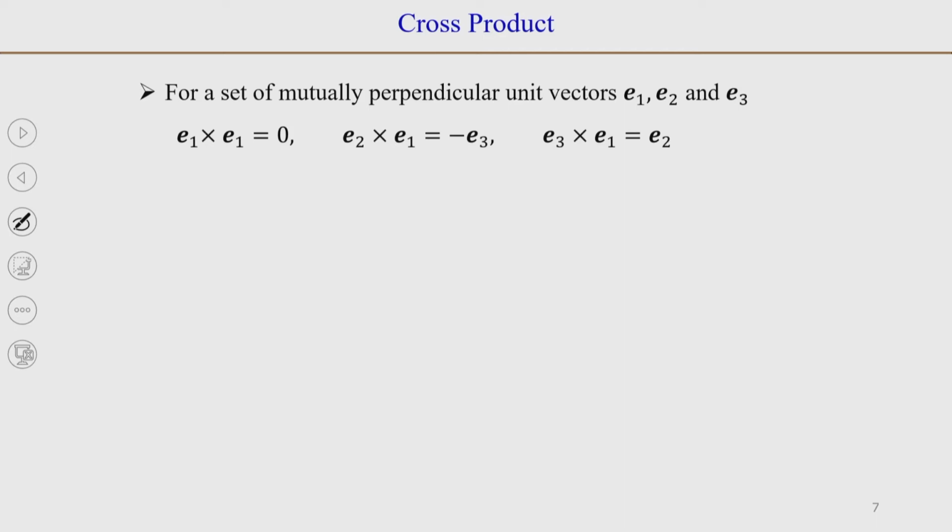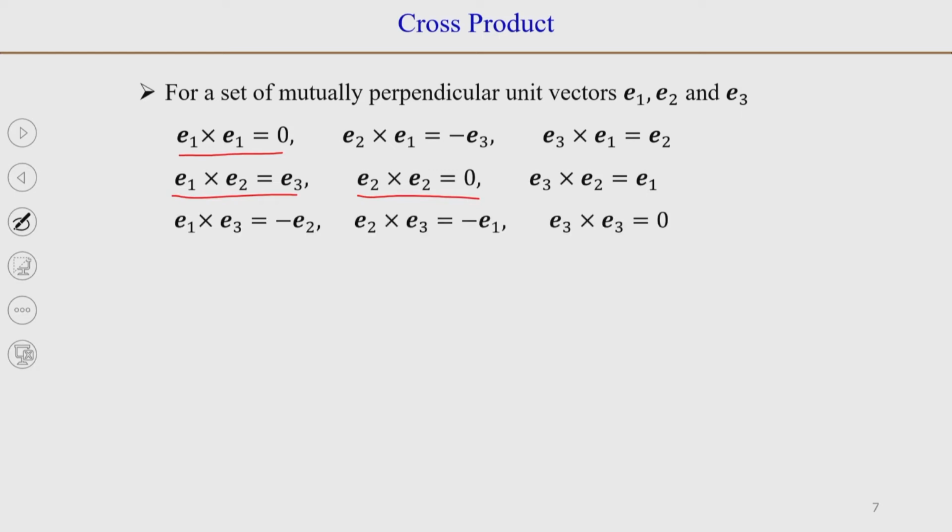So, again e_1 cross e_1 will be equal to 0, because sin 0 is equal to 0. e_2 cross e_1 is equal to minus e_3, e_1 cross e_2 will be, as we see here, e_3. Again, when you have a cross product of a vector with itself, the result is 0. If you multiply two unit vectors, you will get the third one, and the direction will depend, it may come with a plus sign or a minus sign.